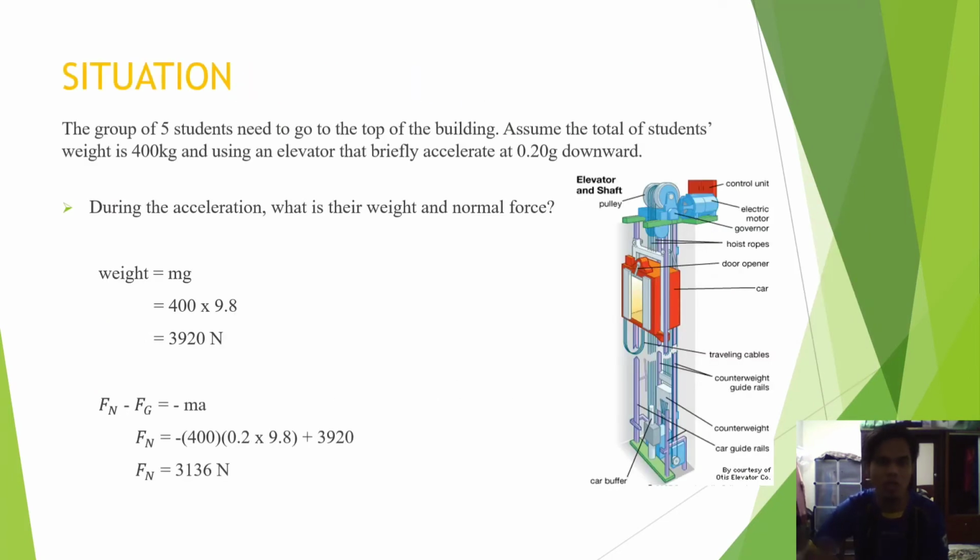Okay, for our situation, for our group project, the group of 5 students needs to go to the top of the building. Assume the total of the students' weight is 400 kg and they are using an elevator that briefly accelerates at 0.20 g downward. During the acceleration, what is their weight and normal force? Weight is mass times gravity: 400 kg their mass, times 9.8 for gravity, so equal to 3920 Newton.